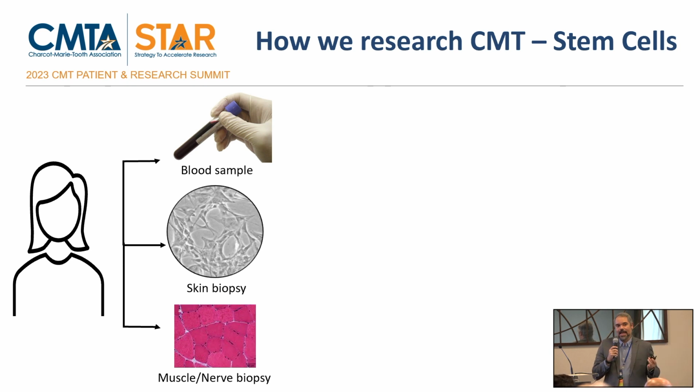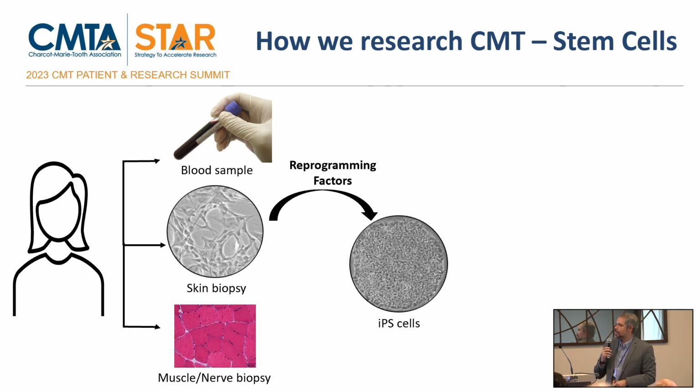So that really has been a very hard block to progressing research in CMT, the fact that we couldn't study patients' nerve cells. But then in the early 2000s, a Japanese scientist figured out a way of getting cells either from the skin or the blood and genetically manipulating them to turn them into stem cells. And that's what's called iPS cells, or induced pluripotent stem cells.